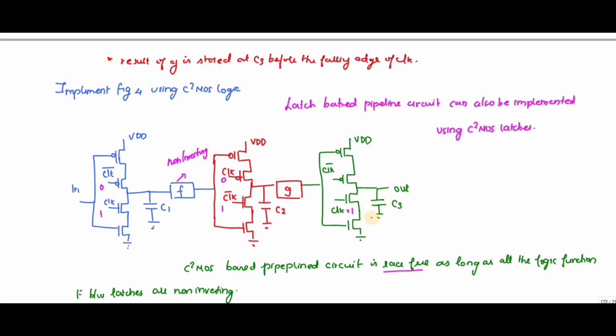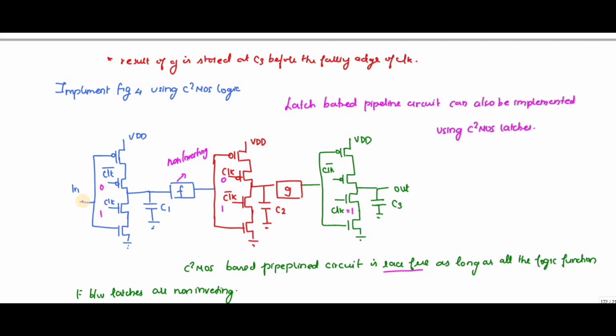Again the inverted value gets stored in the C3. So what happens if there is a 0-0 overlap? If there is a 0-0 overlap, for a short duration of time, these two get to 0-0 value.